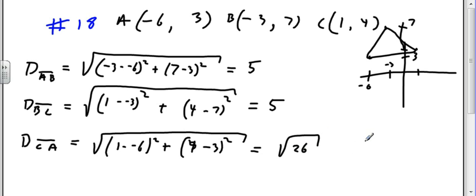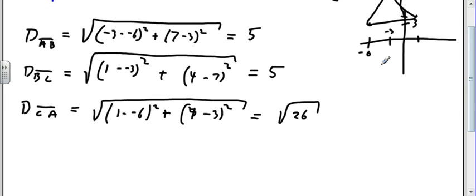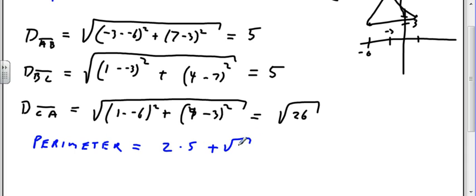Okay, so now the issue is, do I have a right triangle? What do we want to do? Oh, we want the perimeter. Okay, we'll go to the perimeter first. So it's going to be 2 times 5 plus the square root of 26.